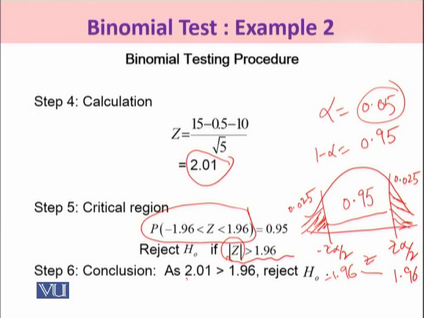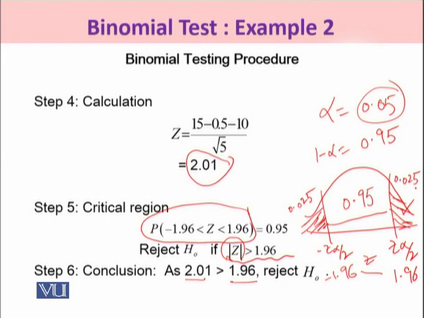Now if you just look into the value, 2.01, the criterion was that this value has to be greater than 1.96. So students, 2.01, we know that it is greater than 1.96. That means it falls under the rejection region and we will have to reject the null hypothesis, which is our H naught.